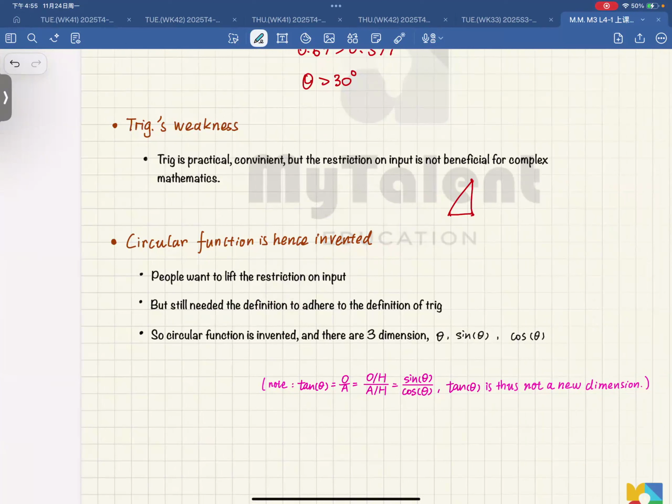Any angle, let's say that's theta, or that's theta, doesn't matter, we cannot have this angle more than 90 degrees. Even if you have a very thin, tall triangle, the angle is still less than 90 degrees.